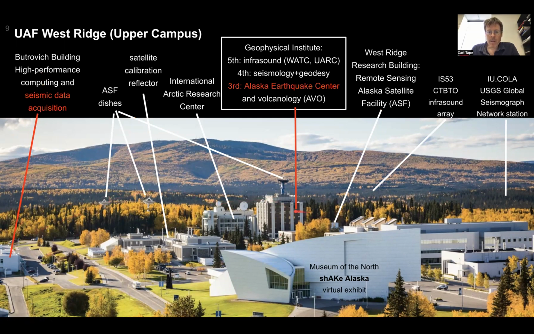I am in the Geophysical Institute here on the 4th floor, and on the 3rd floor is the Alaska Earthquake Center, really the center of operations for managing the 50,000 or so earthquakes that are documented each year in Alaska. So this shows kind of where these physical entities are, with the digital data streams coming in here, algorithms running, and people sitting at desks and reviewing this kind of information here at the Earthquake Center.